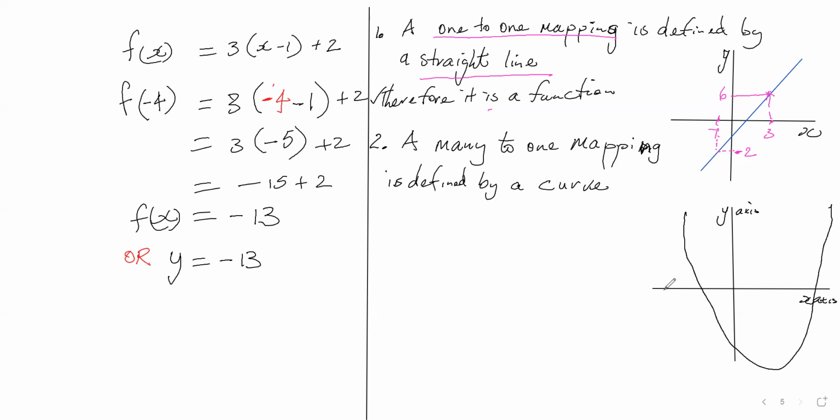So here is my curve. So from here, let's say from this line to this point, it's one number on the X, let's call it -4. And it goes to one number on the Y, let's call it 5.